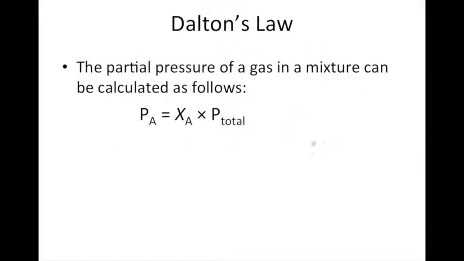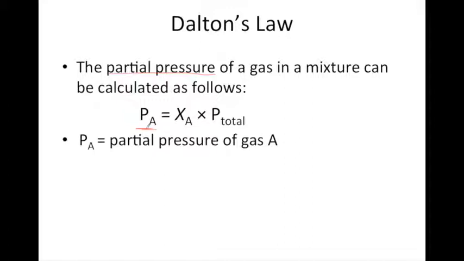Now, we want to be able to mathematically calculate the partial pressure of a gas in a mixture. We can calculate the partial pressure as follows, as you can see in this equation, where P_A is the partial pressure of some gas. It could be oxygen, nitrogen, methane. So this is the partial pressure of the gas that we're interested in.